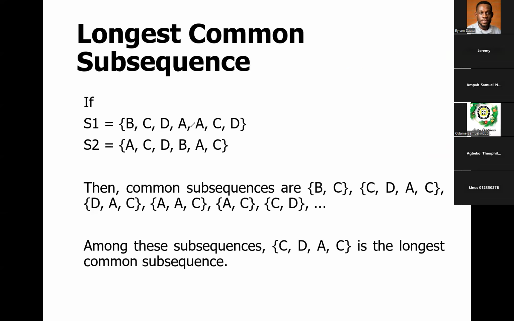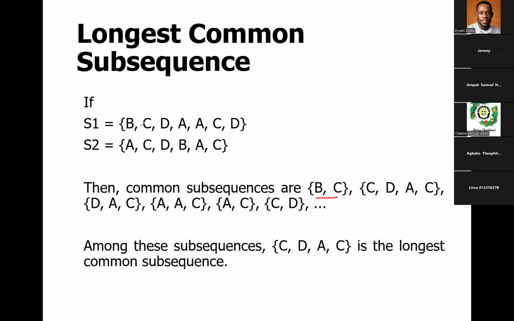So let's come to this example. In this example, we are given two strings or two sequences. We have the first sequence S1, B, C, D, and then we have sequence S2, which is A, C. Now, the common subsequences from these are given here.